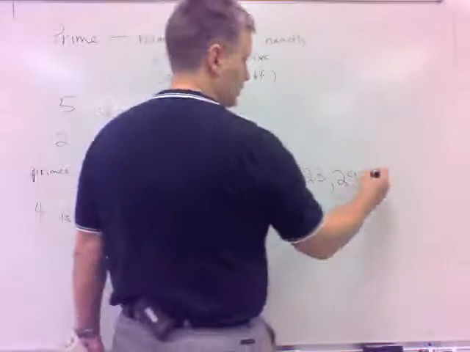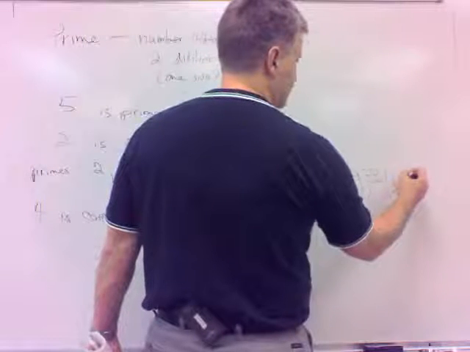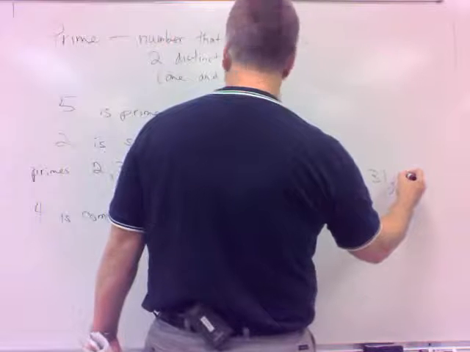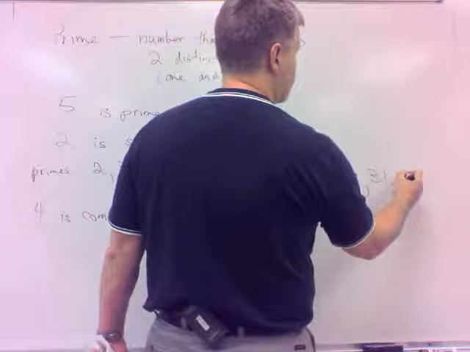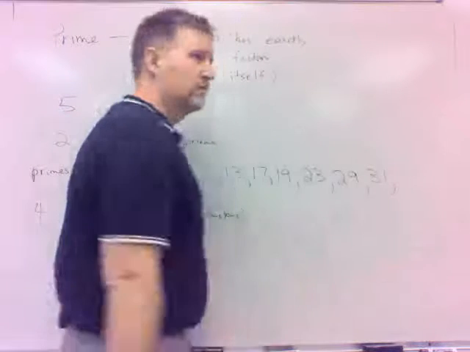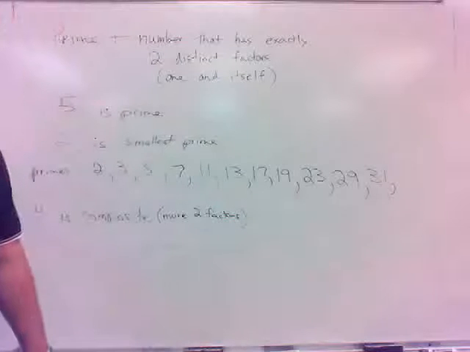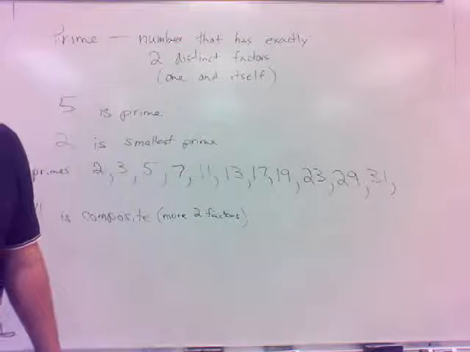And then 31 is. How far do I want to go? It's going up to 50. 33, no. 3 is a factor. 35, no. 5 is a factor. 37 is.